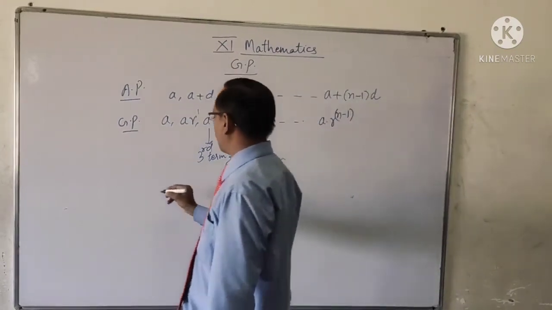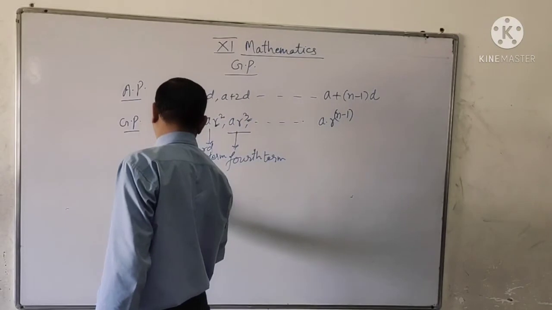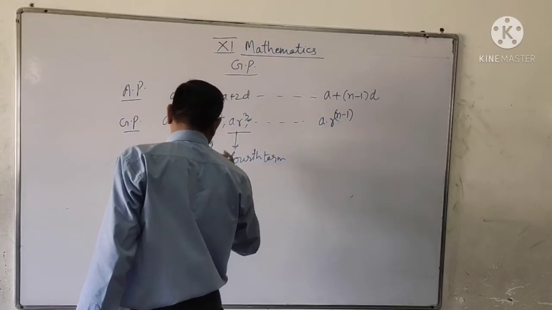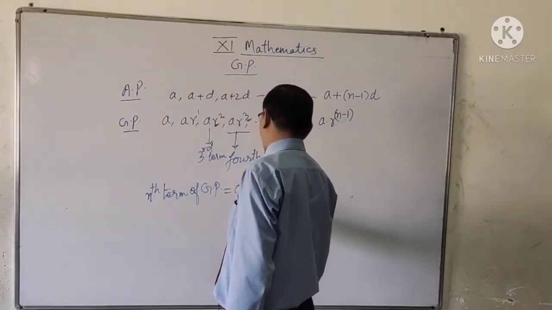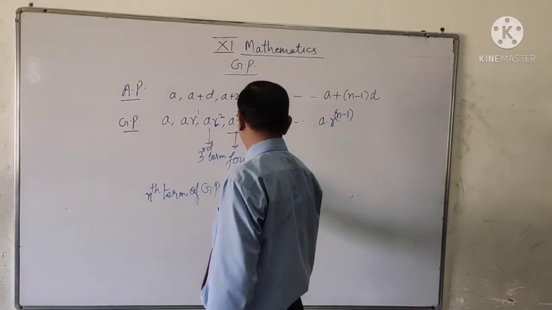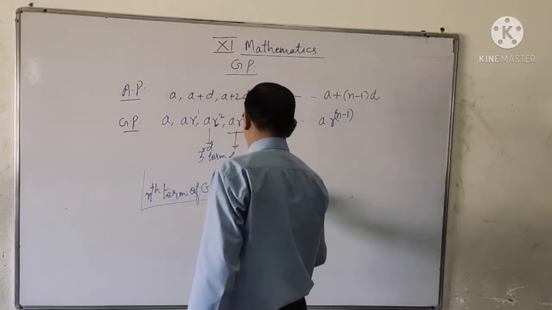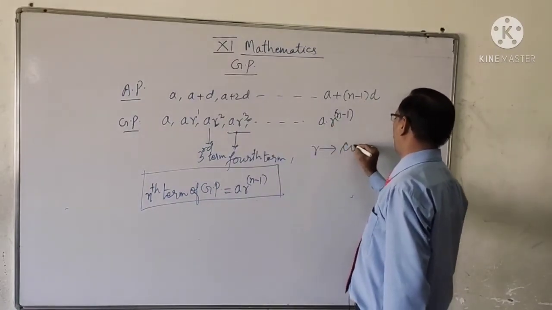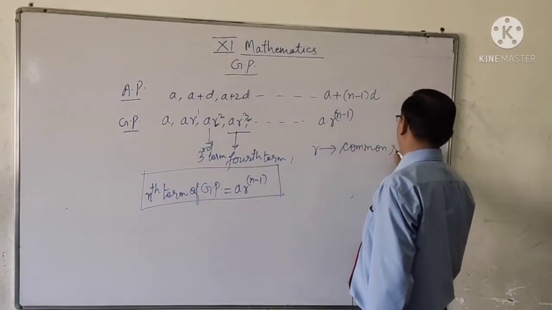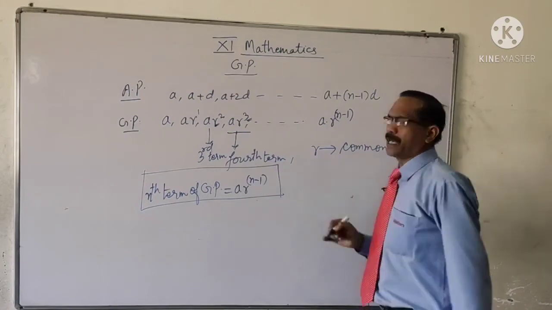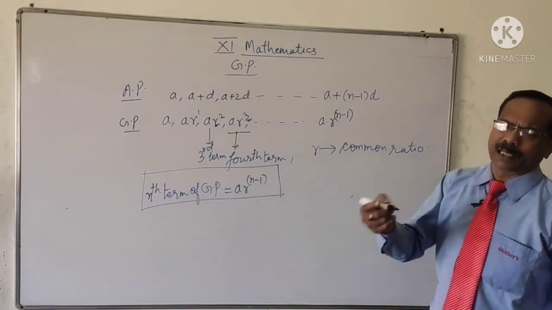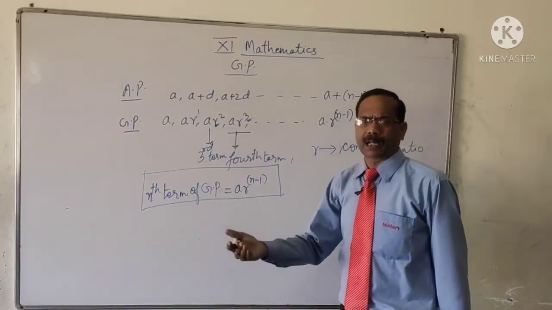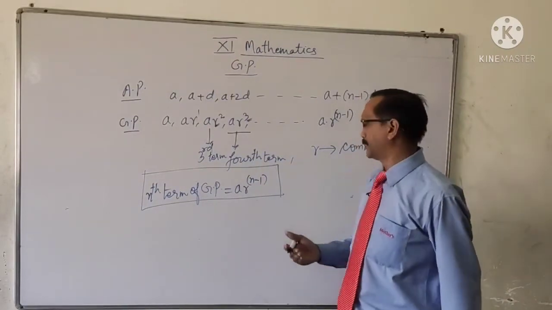So the nth term of GP is given by the formula a r power n minus 1, where r is called the common ratio. It is the same as AP, but the difference is that here we multiply or divide the term, while in AP we add or subtract the common difference.